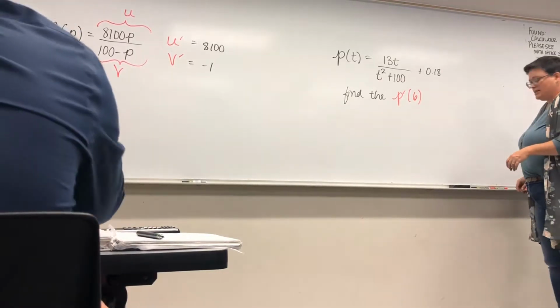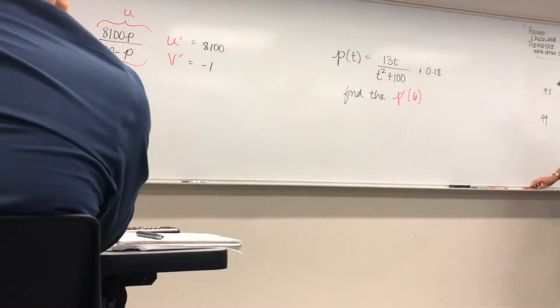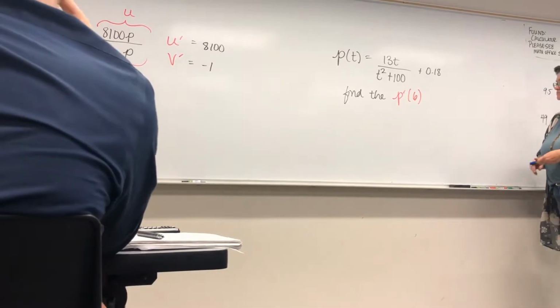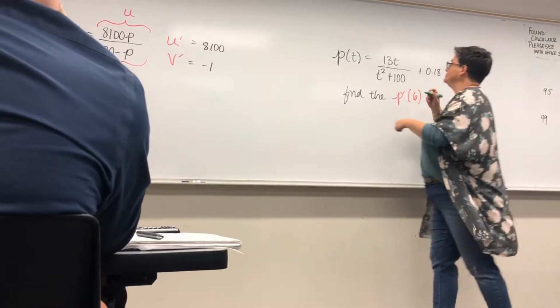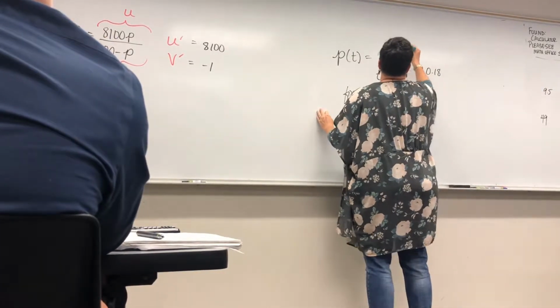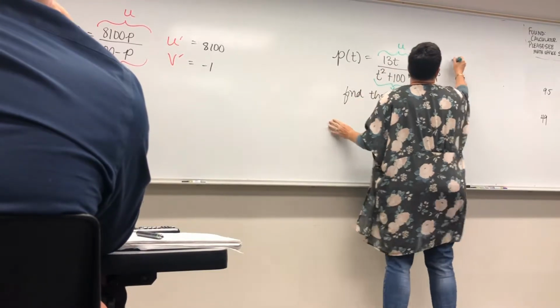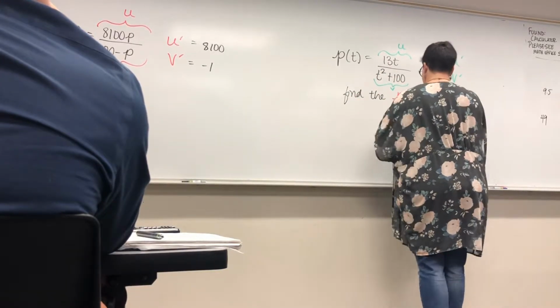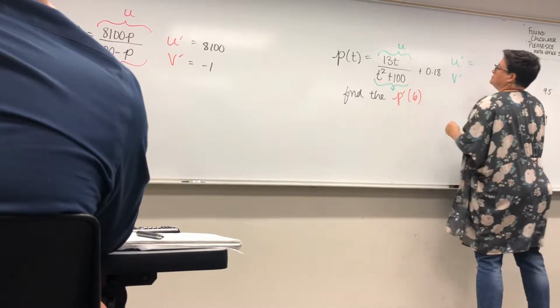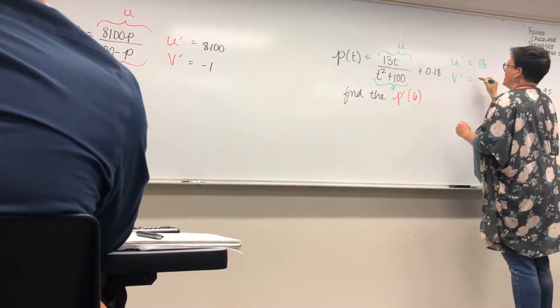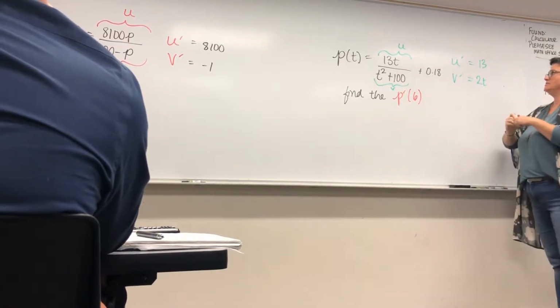So now, my u is here, my v is here, my u prime and my v prime are 13 and 2t respectively.